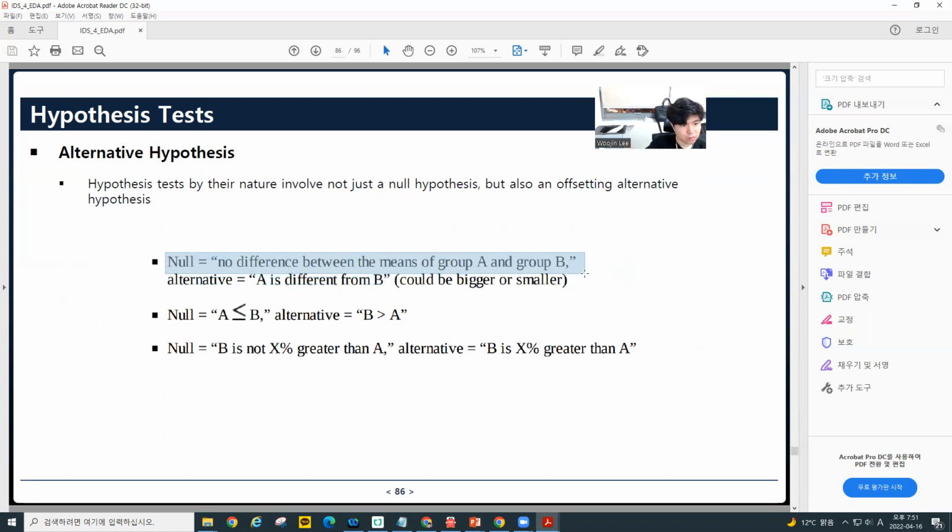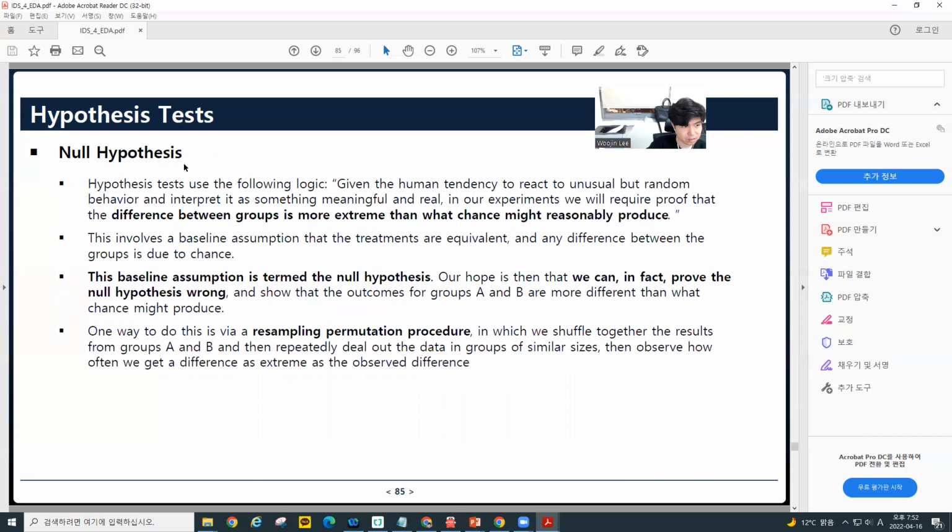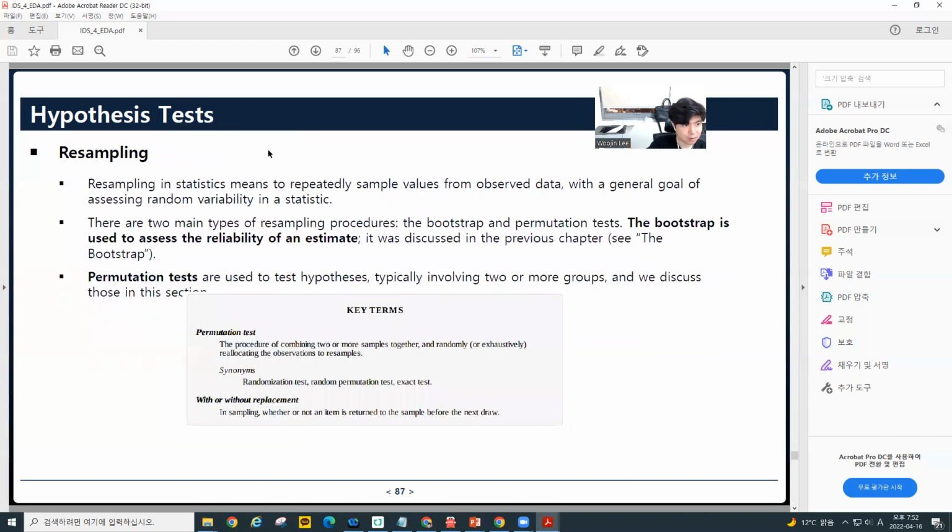So if we are interested in whether B is bigger than A, we have to set the opposite as the null hypothesis and statistically test whether the null hypothesis is true or not. This is what statisticians do to set the alternative hypothesis and the null hypothesis.